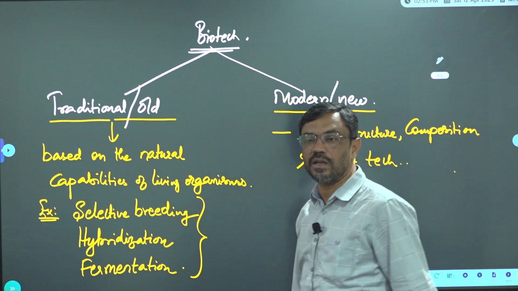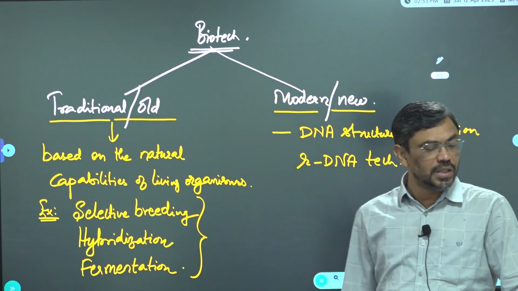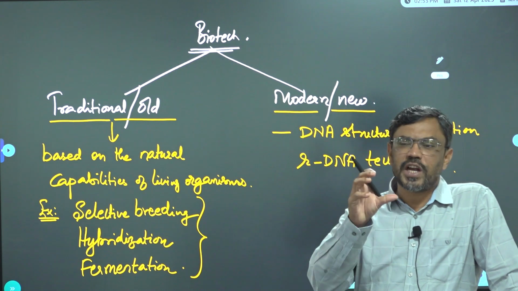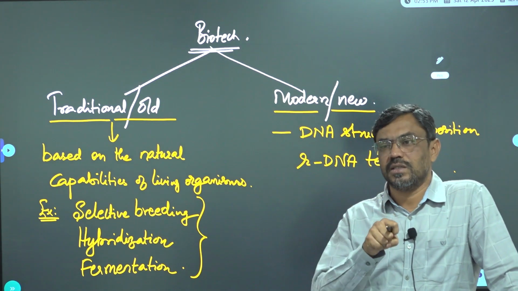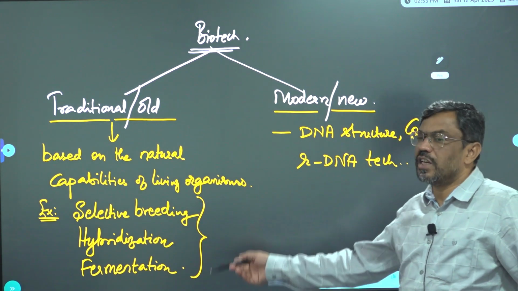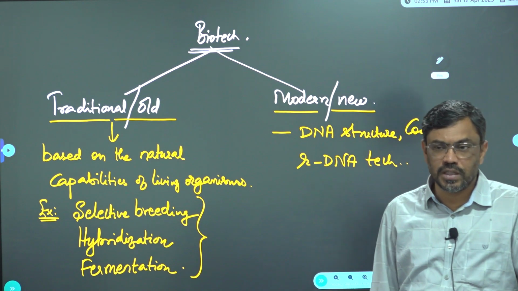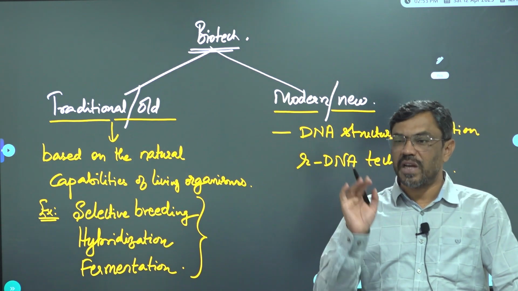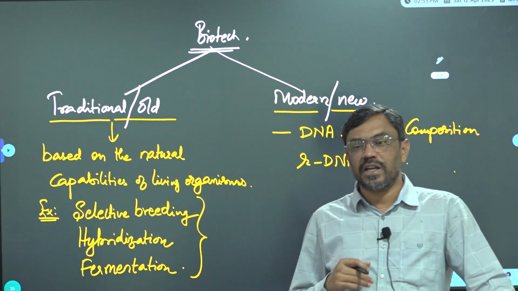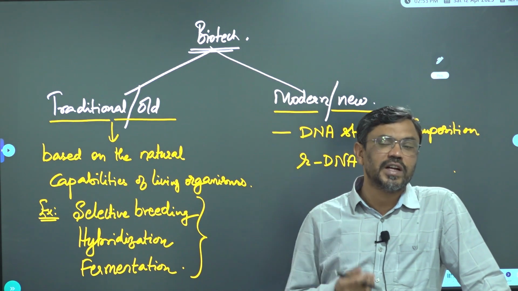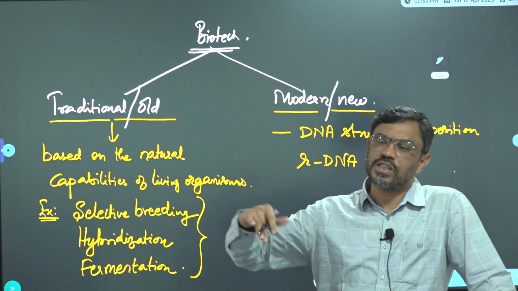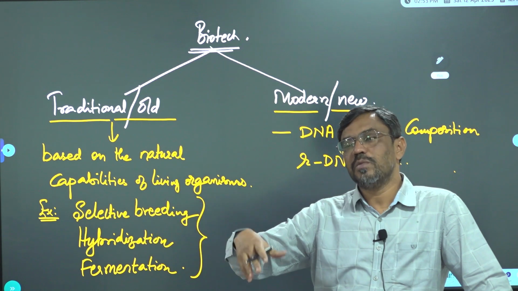For example, in Ayurvedic medicine, we are using various types of herbs. From these herbs, we are extracting the substances by using traditional methods. In the fermentation process, we are using various types of microorganisms. For example, antibiotics are produced by using different kinds of bacteria. These bacteria release some chemicals which kill the other organisms, so those can be used as antibiotics.